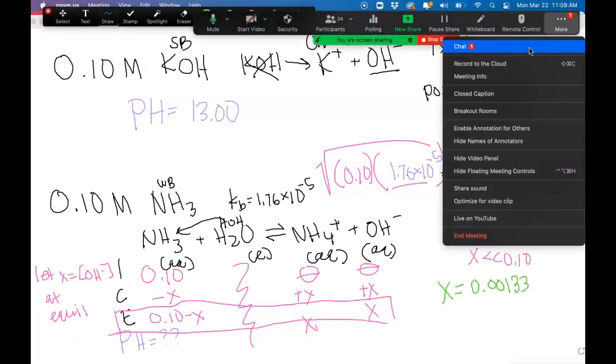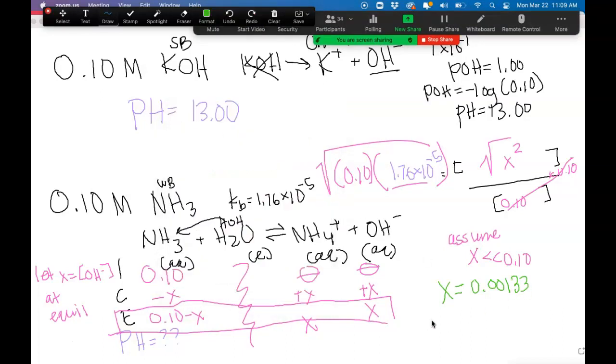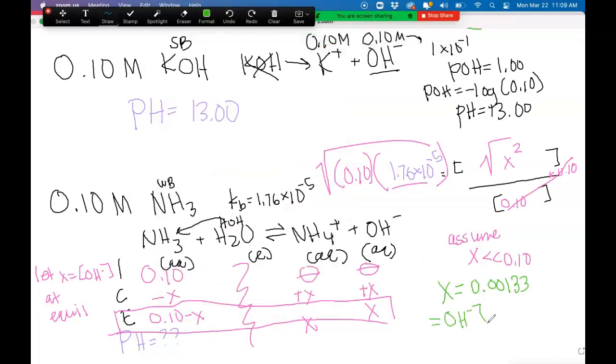Well, X is who? Is hydroxide, right? So this is my hydroxide concentration. So if I know the hydroxide concentration, I can find pOH. So pOH is 2.87 or 88-ish.